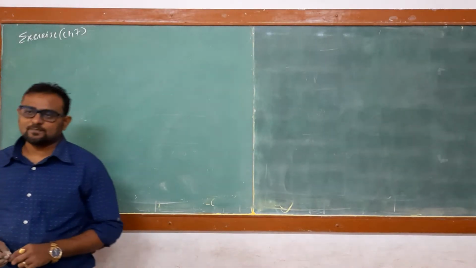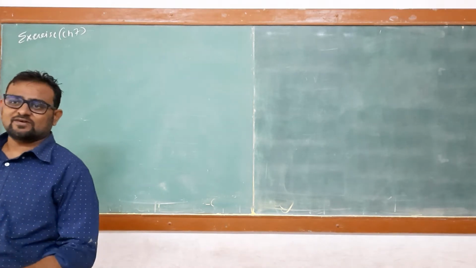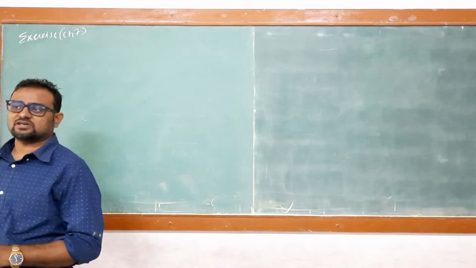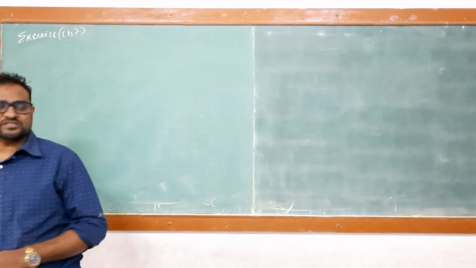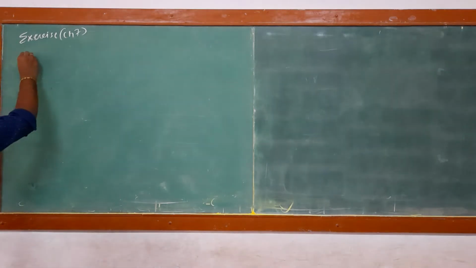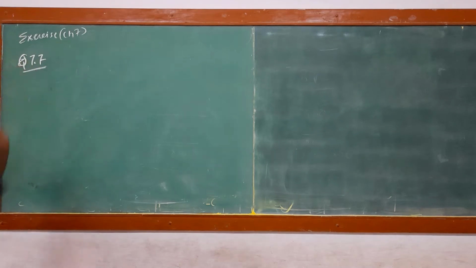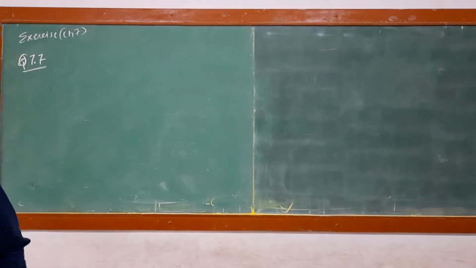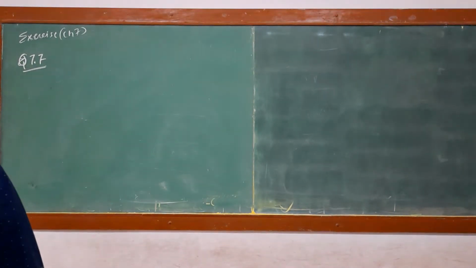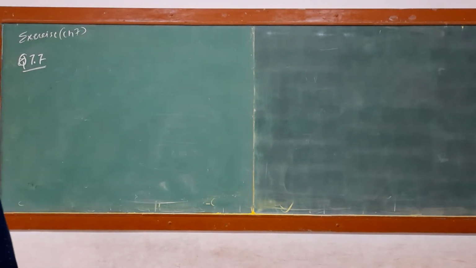Now let's see an example, numerical 7.7, exercise question 7.7 of chapter number 7. A charged 30 microfarad capacitor is connected to a 27 millihenry inductor.